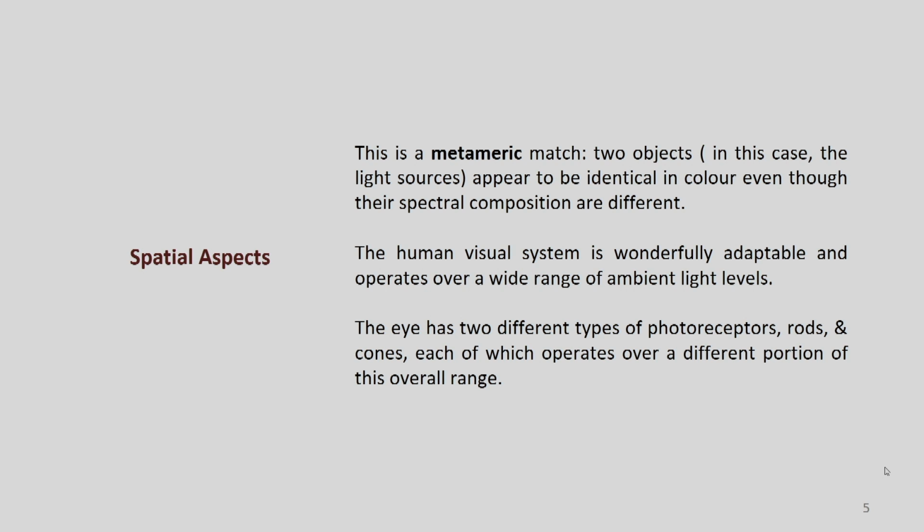Now, if we are talking about the lighting environment of a particular workspace, how can we design it in such a way that over a period of time, like daytime, midday, afternoon, and then evening, the light sources are managed so that your visual performance is not affected? To do that, we need to understand the spatial aspect of it.